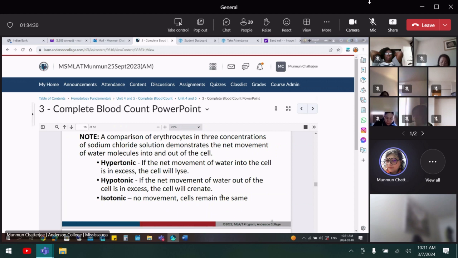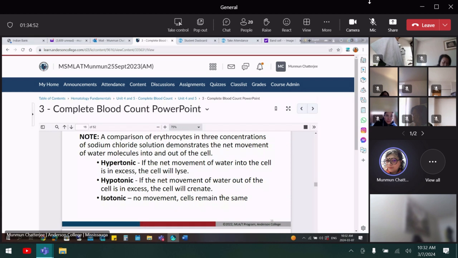But when more water comes out, what is going to happen? The cell is going to shrink. It's called crenation. And iso means same. There is no movement. Cells are fine, happy, outside is the same as inside. In general, there is always an isotonic state.